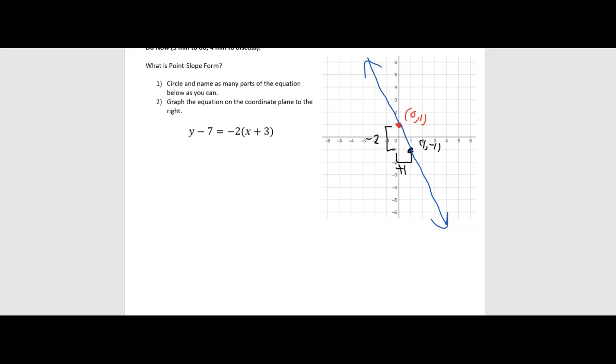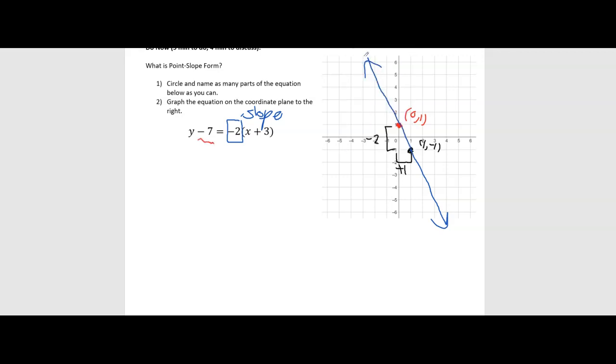So for point-slope form, our slope is the number right outside the parentheses, but our y-intercept is not given. Okay, it's there, but it's just not given with one of the numbers that we're seeing. What is given is one of the points on the line.